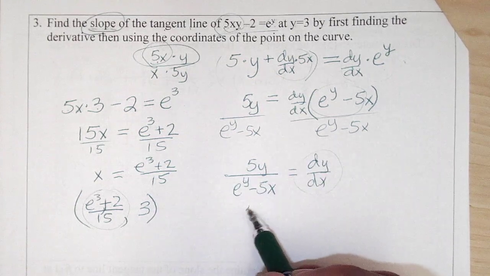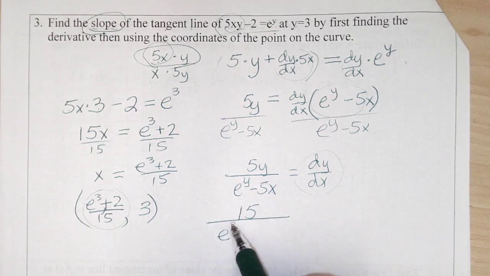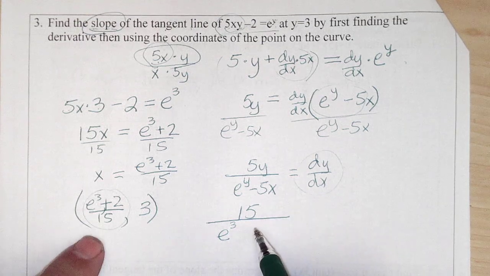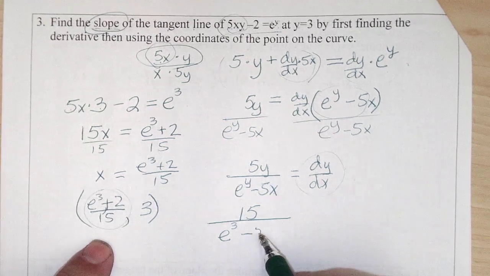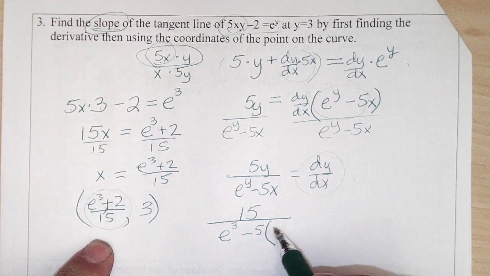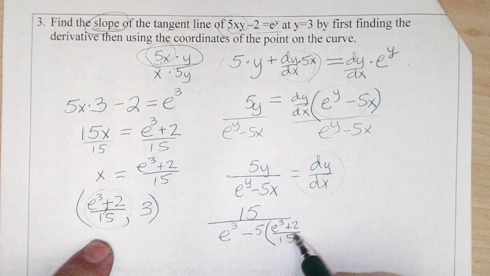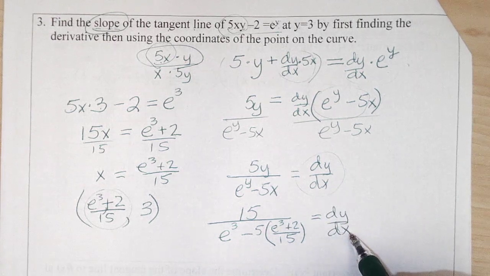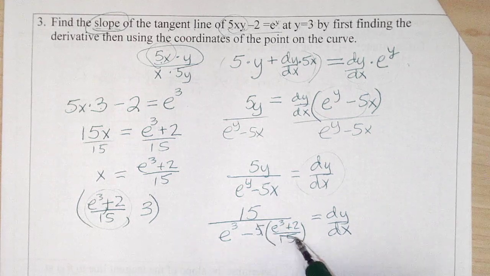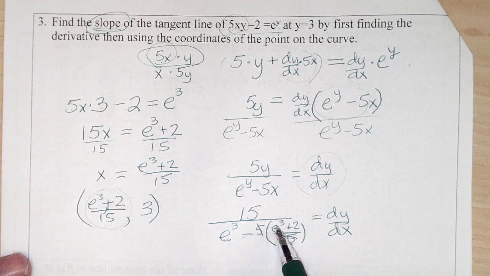So we plug this value in for the x, 3 in for the y's, and we get what the slope is. So we get 5 times 3, 15, over e to the third minus 5 times this. This 5 would reduce this to a 3. So I have e to the third minus e to the third, a third of it, divided by 3.